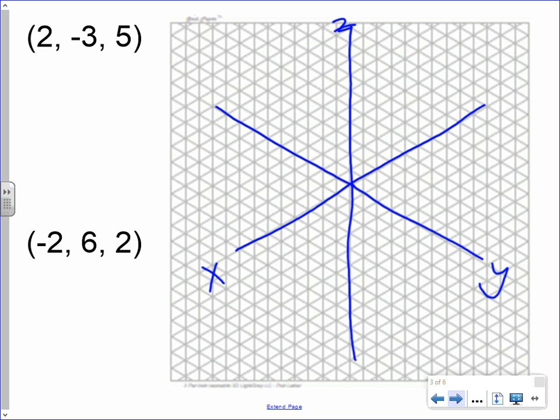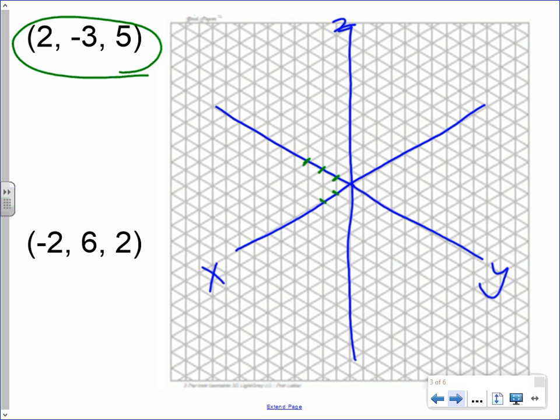So this coordinate right here, 2, -3, 5. We need to go 2 in the x direction and -3 in the y direction. So here's a +2 in the x direction. We're going to go negative on the y-axis.